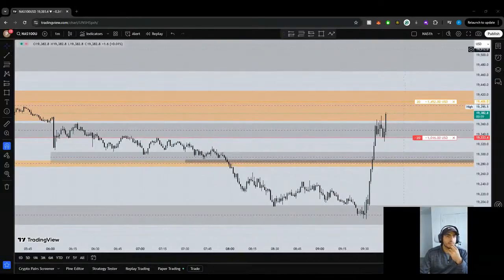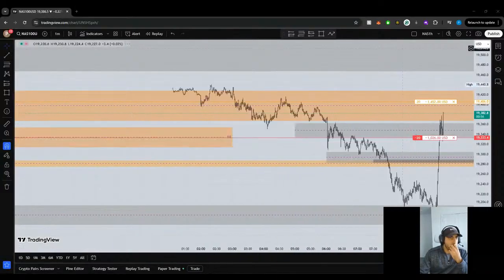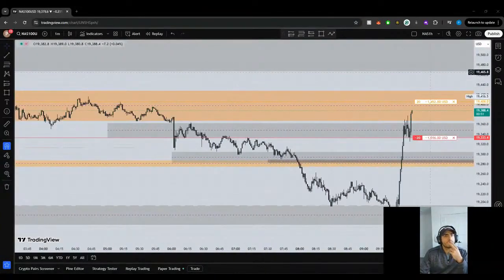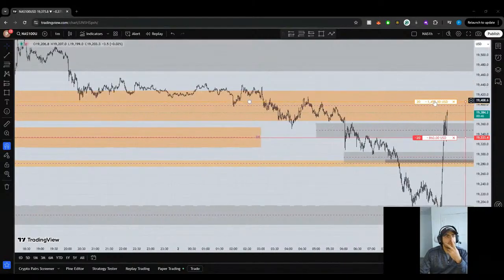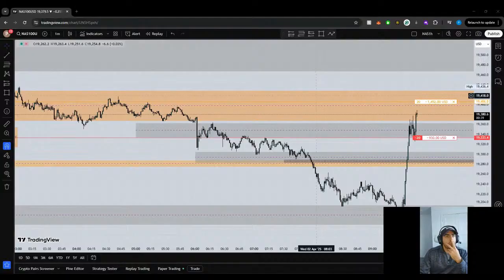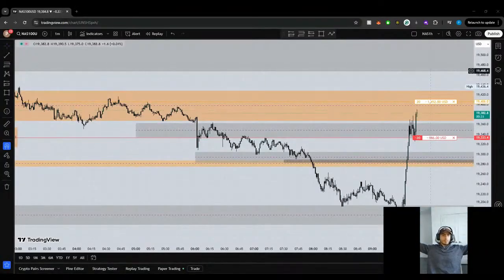We'll see how it reacts. Maybe just raise it a bit. Stop loss, take profit, and we'll leave it there and then adjust from there.